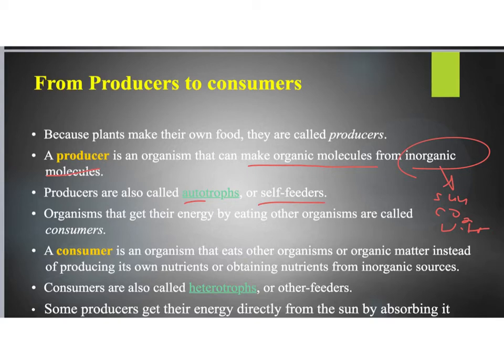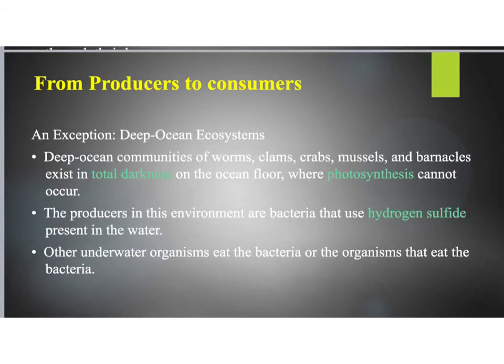Organisms that get their energy by eating other organisms are called consumers. Back to another review of that. Consumers that eat other organisms, we call consumers heterotrophs or other feeders. So some producers get their energy directly from the sun by absorbing it. Okay, so kind of a little bit of repetition here, but again, these are the two biggest roles in an ecosystem, being a producer or a consumer.